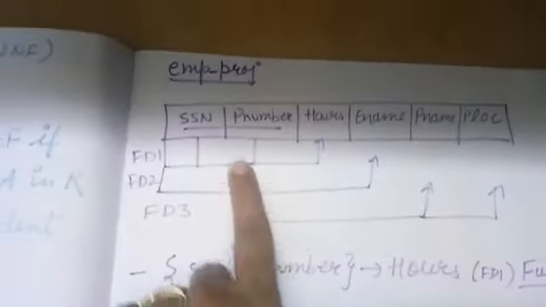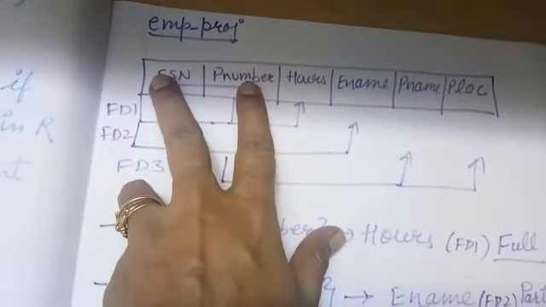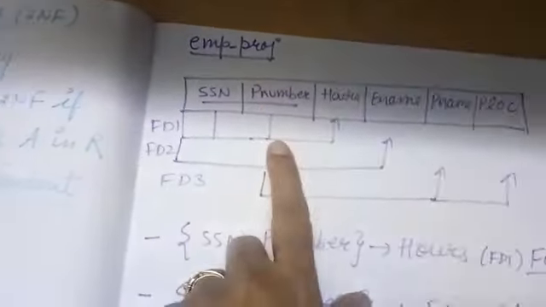If there are two attributes, look, this is a table, employee project. These are the attributes. SSN, P number is a candidate key.